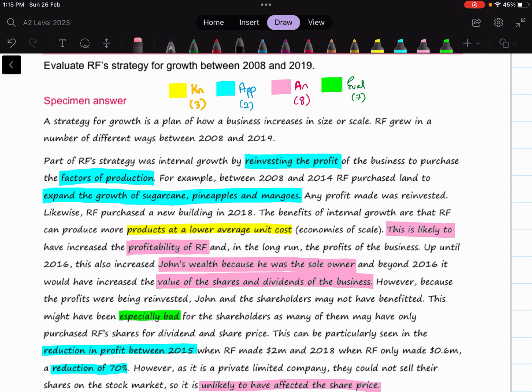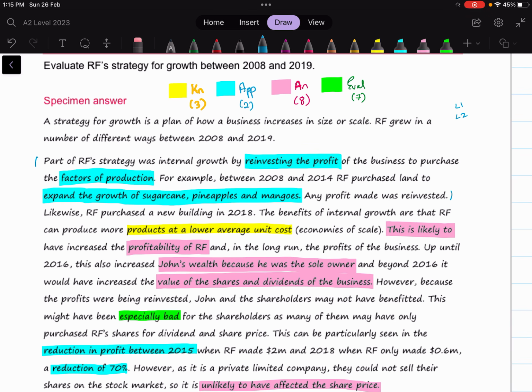So as you can see in the first paragraph, from here to here, the candidate does mention a few pieces of information and tries to link them. But then again, application is divided into two levels, level 1 and level 2. Level 1 is that you tend to use things from the case, but you do not form substantiated links. You do not form multiple links.